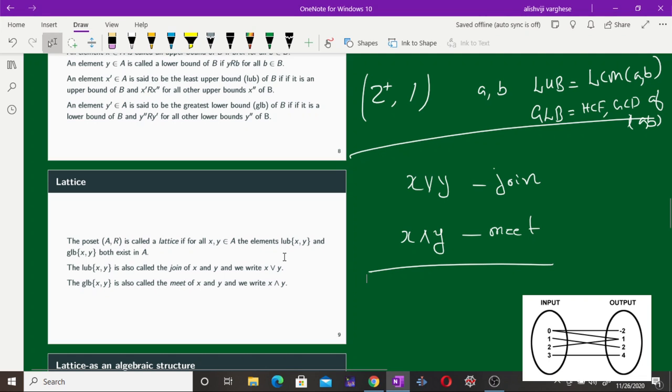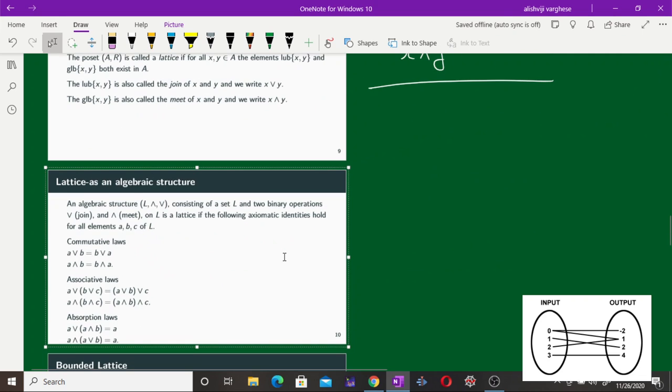A lattice can be defined as follows: if there is a relation and any pair of elements in A has a join and meet in A, then such a set is called a lattice. And that's an algebraic definition of a lattice.